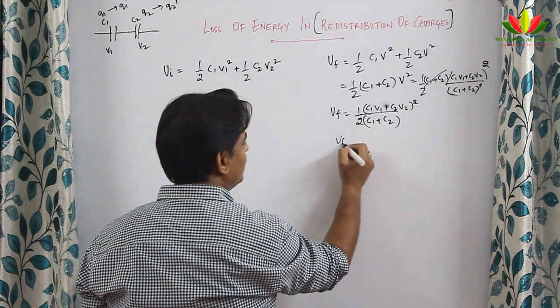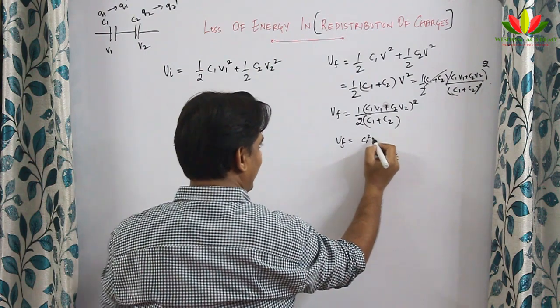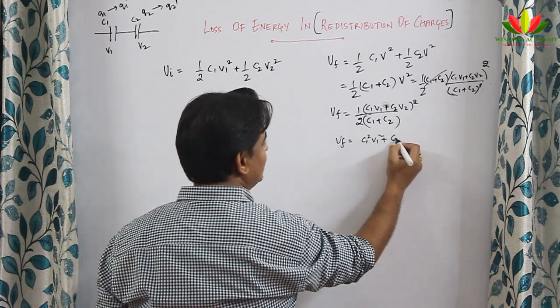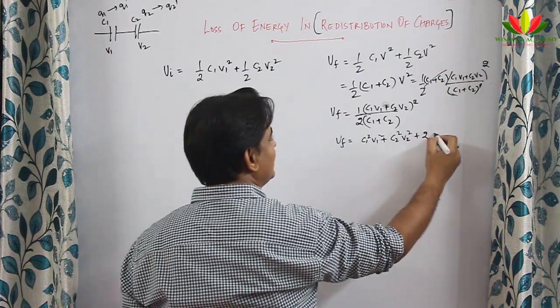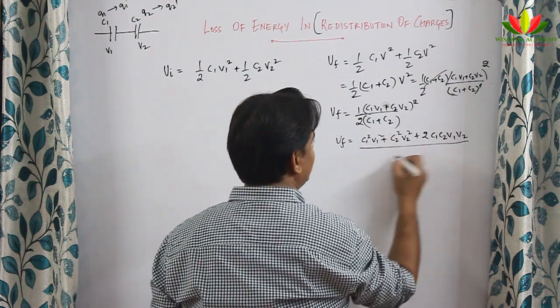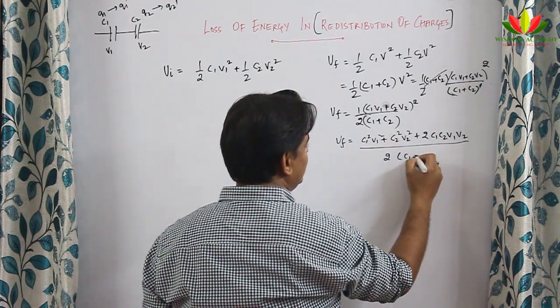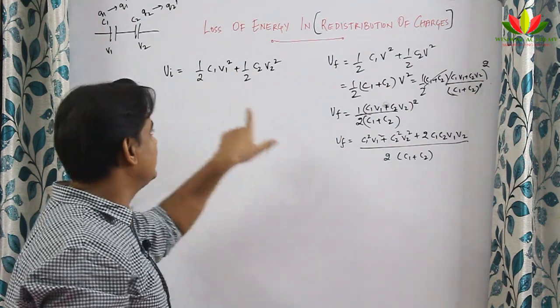So I will get U F is equal to C1 square V1 square plus C2 square V2 square plus 2 C1 C2 V1 V2 divided by 2 into C1 plus C2. This is the final energy, this is the initial energy.